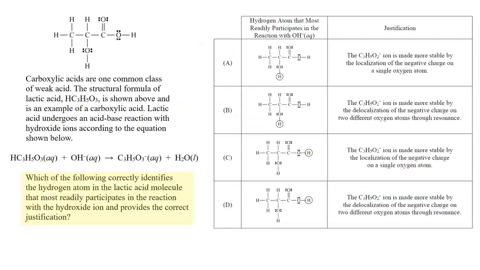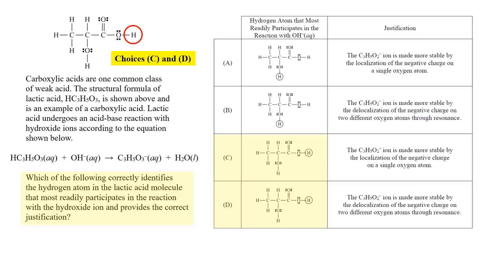So you can see 4 answer choices, and in choices A and B, this particular hydrogen atom, which is directly bonded to oxygen in the center of the molecule, is circled, and in choices C and D, this particular hydrogen atom, which is located on the right side of this structural formula, also directly bonded to an oxygen atom, has been circled.